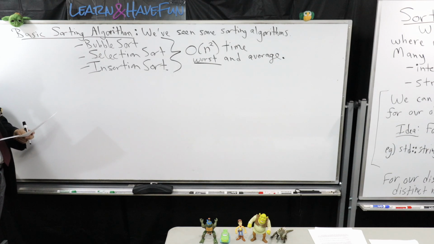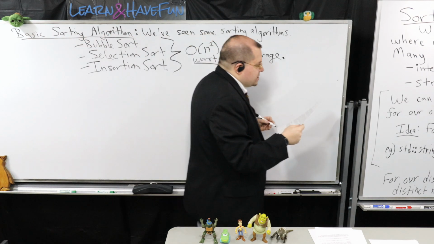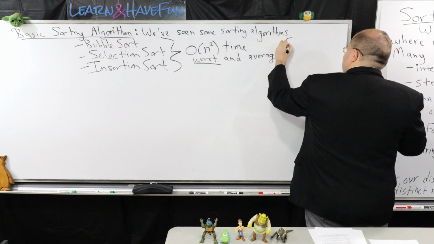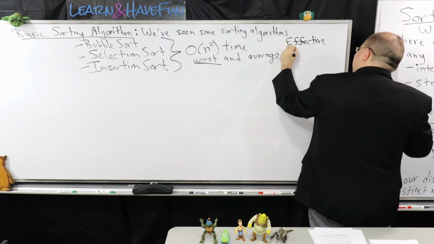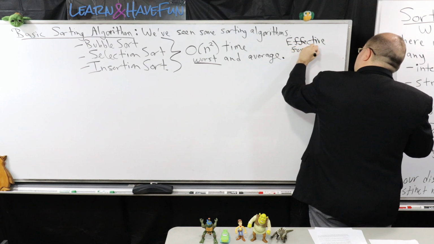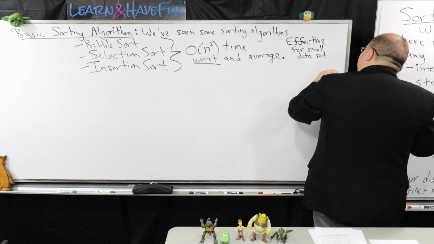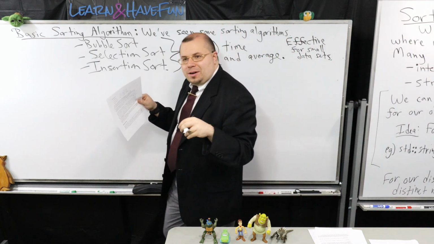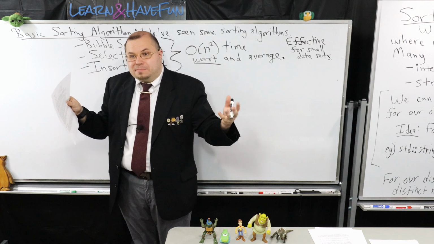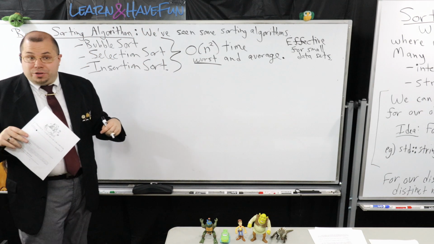One thing I want to mention, just for your sake, is that these are all effective for small data sets. We already had this discussion near the beginning of the course. But what does small mean? In this particular context, I'm talking about 10 or 20 elements, in contrast to some of the algorithms I'm going to show you here.